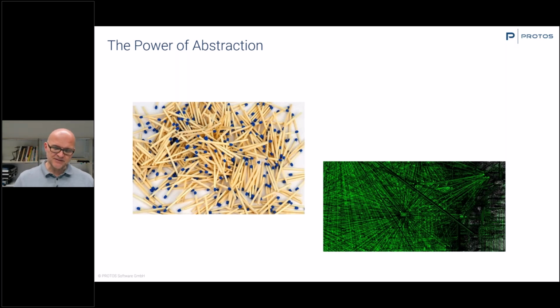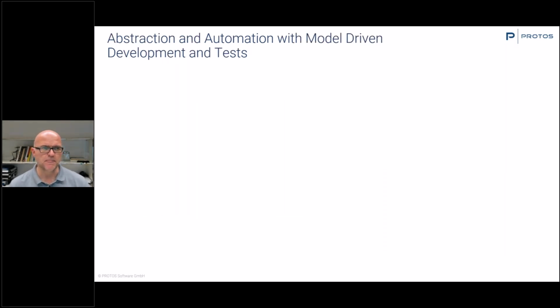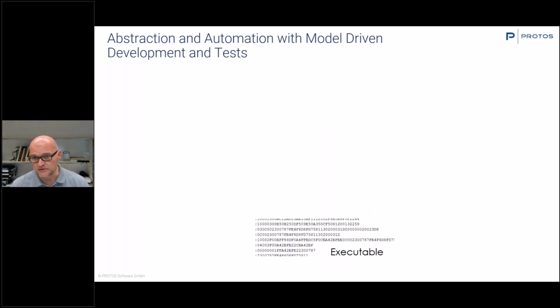But how do we get abstraction into our systems, and how can we handle this a little bit easier? Let's have a look at software development. In the end, you want to create an executable for your microcontroller, for your program. The executable describes the problem in a way the microcontroller or the processor can execute.